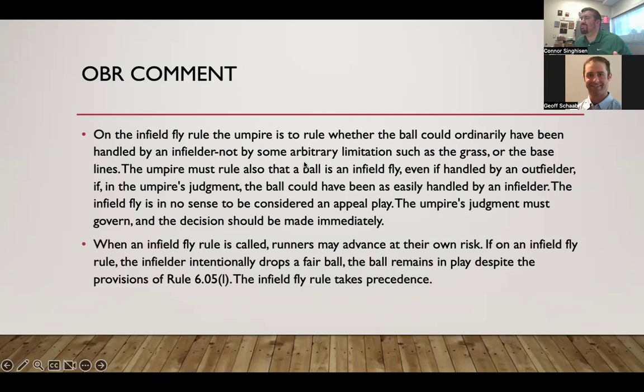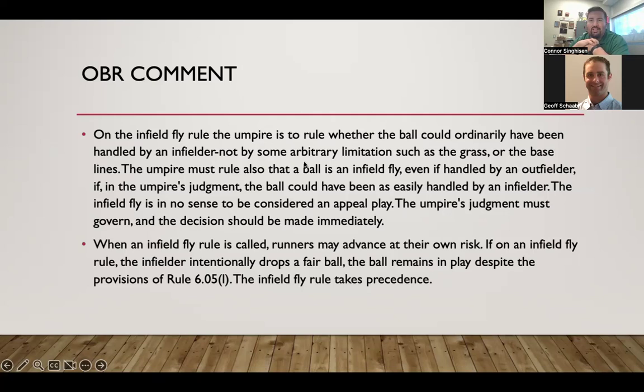I would speak to Jeff's comment. I wouldn't necessarily bring it up at the plate meeting. I feel like the more we talk at the plate meeting, the more we pigeonhole ourselves into a certain ruling, and when that does not occur, we are giving coaches ammunition to launch at us.